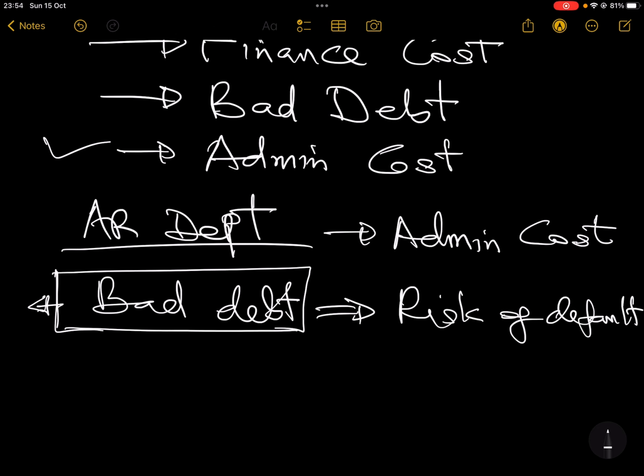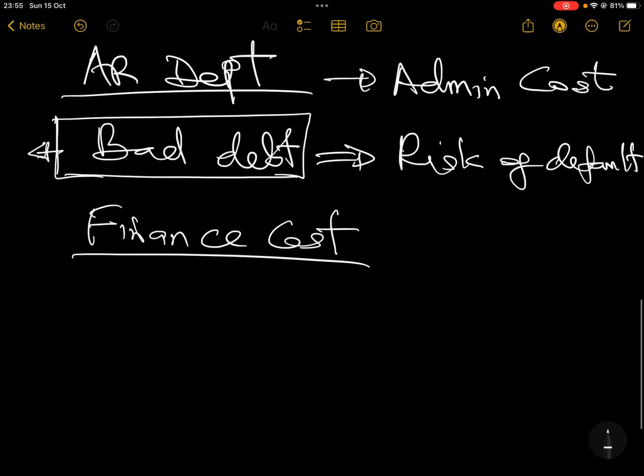The third one is the finance cost, which is a bit technical. So remember, the admin cost is the staff salary you are paying to your account receivable department. The bad debt cost is the amount of account receivable you are writing off into P&L because your customers would not be able to pay. But finance cost is slightly different, and I'm taking it as the last one because it's a bit technical.